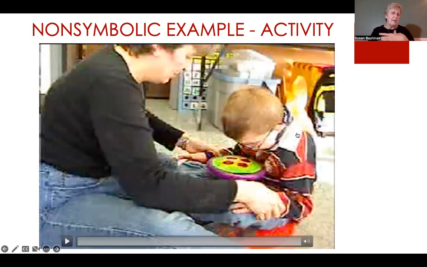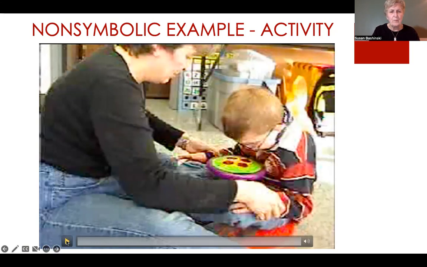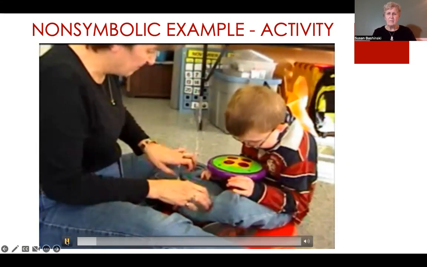It's not him. That doesn't have anything to do with it. It is all about my hands, and he wants me to scratch his head. That's very non-symbolic. How many kids do you know that take both of your hands and put them on their heads so you'll scratch their head? Not very many. It's an idiosyncratic, non-symbolic signal. So here we go. This game.